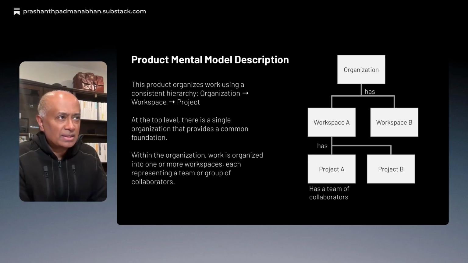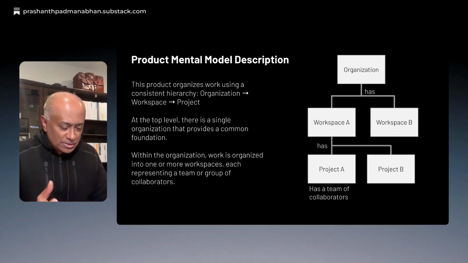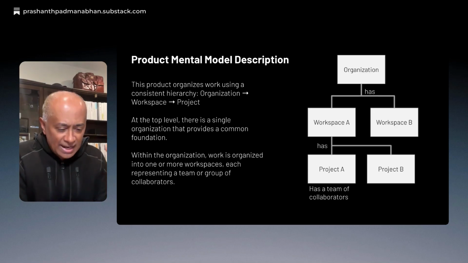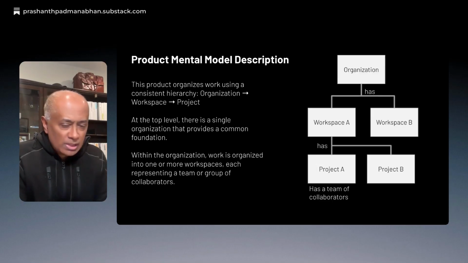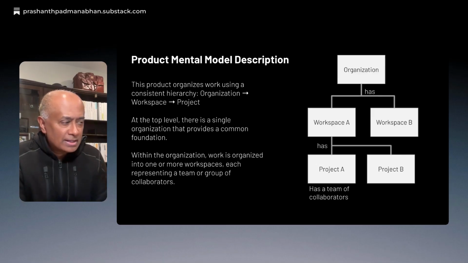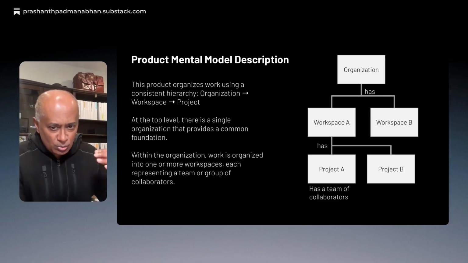For example, you'll say, my product is a project management or a project collaboration product. Now this product has an organization. We'll create this for a customer, and that organization will have one or more workspaces in it. Every workspace will have one or more projects in it. Every project will have a team of collaborators, and so on and so on.